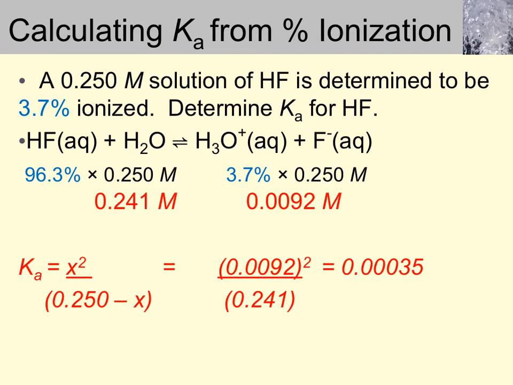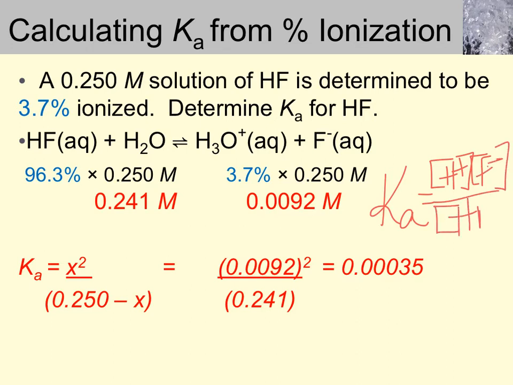Once we have all the equilibrium concentrations, we can go ahead and set up our expression for K. Remember that that would be the concentration of hydronium ion, concentration of fluoride ion, over the concentration of hydrofluoric acid at equilibrium.